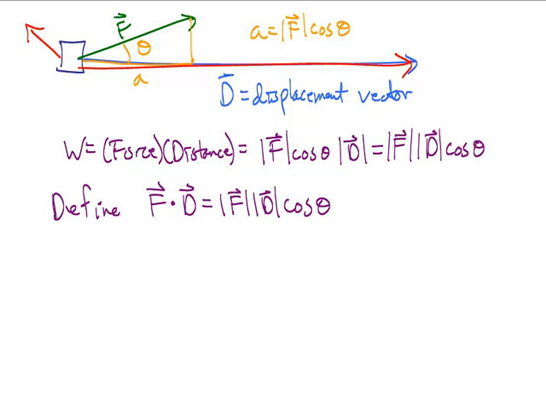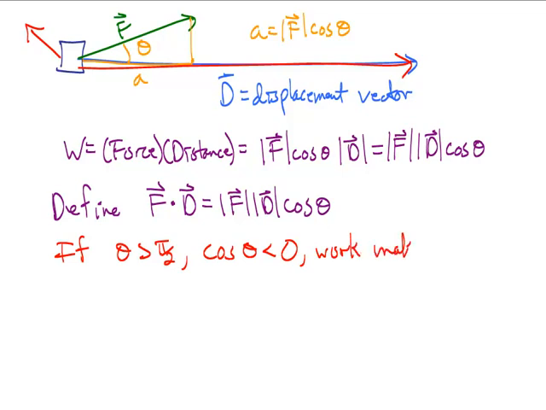And so you can see that if we do have a theta that is bigger than pi over 2, what's true about the cosine of that theta? Yeah, it's going to be negative, right? Cosine is going to be negative, and in that case, the work definition really makes no sense.